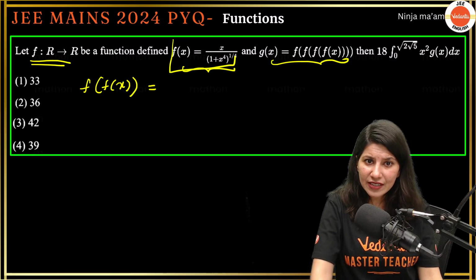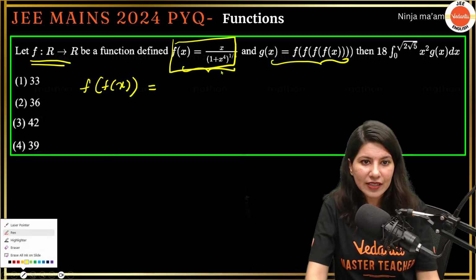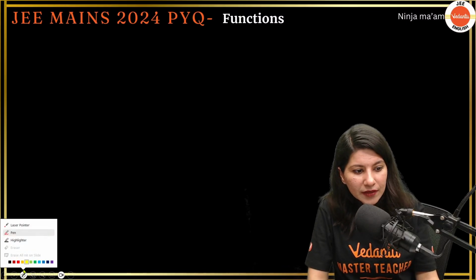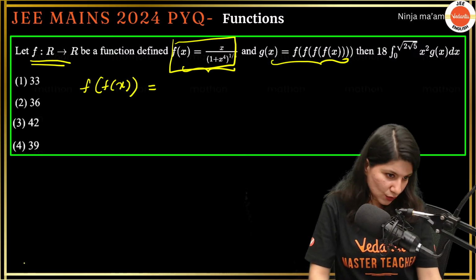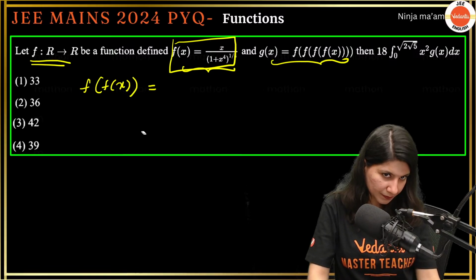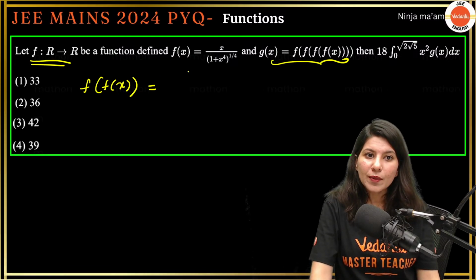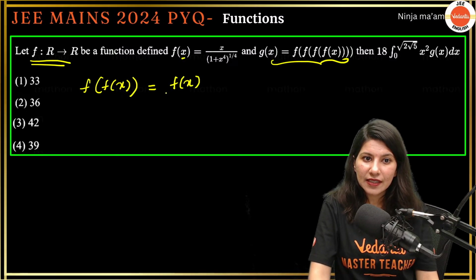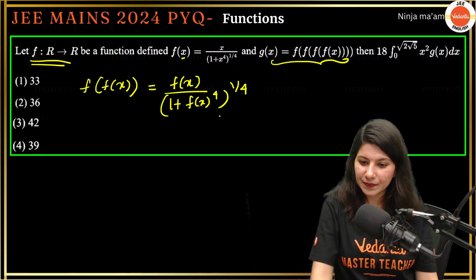We have f(x). What we will do is, in here we will actually replace x by f(x). Let's do that. So in here x will be replaced by f(x). So f of x is 1 plus f(x) power 4, whole power 1 by 4.